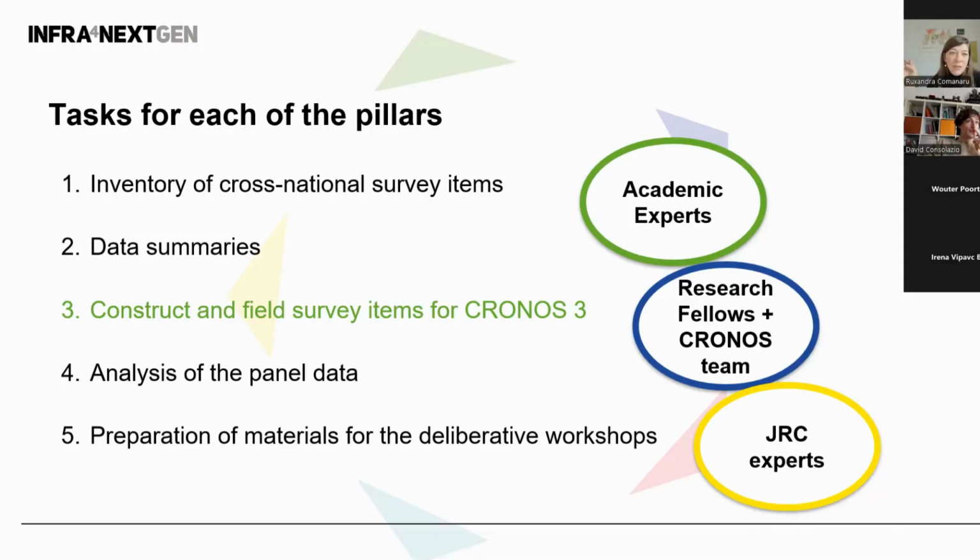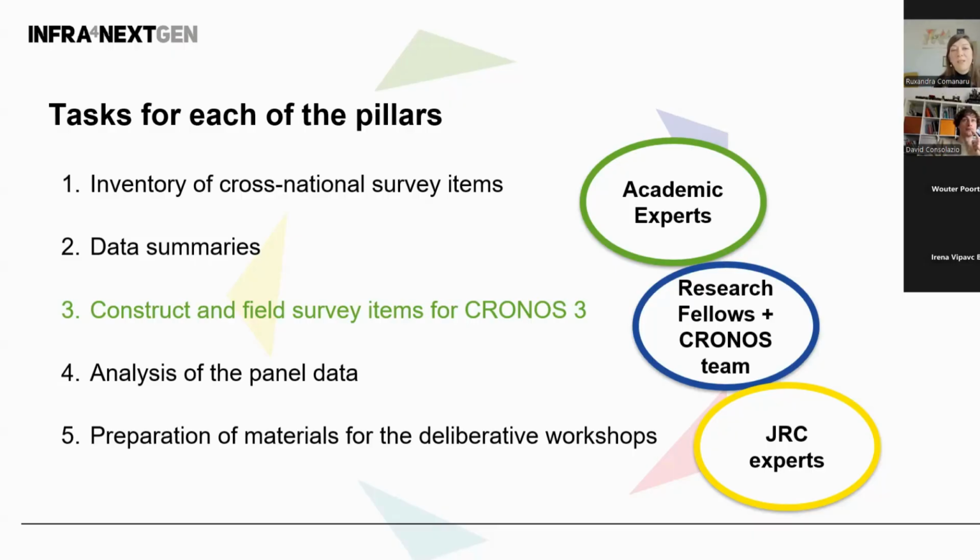And we have worked closely together to kind of come up with what is needed for each one of these tasks. So the inventory of cross-national survey items that David presented was a very large task, where we reviewed 6 different European surveys, and we ended up with a total of about 10,000 items.